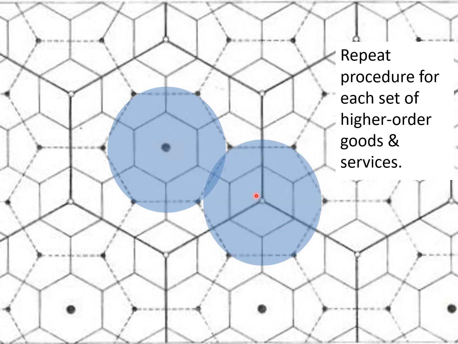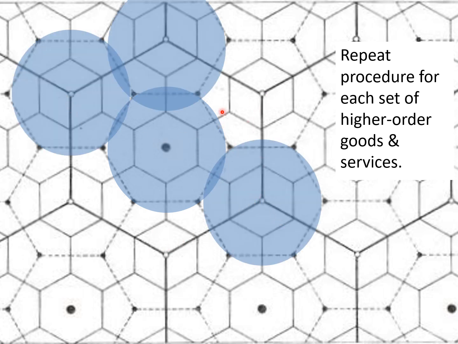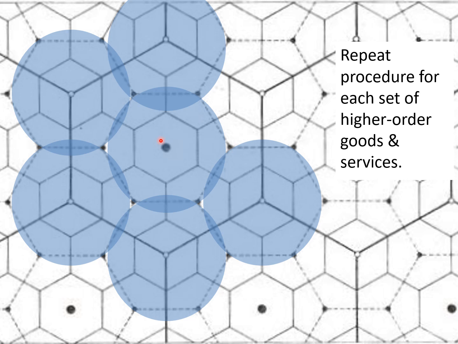So we've got one here, one there, one there, and there, and there. And there we have that pattern again, right? So if we drew lines between that point and this point, and that and that, we would get another hexagon.